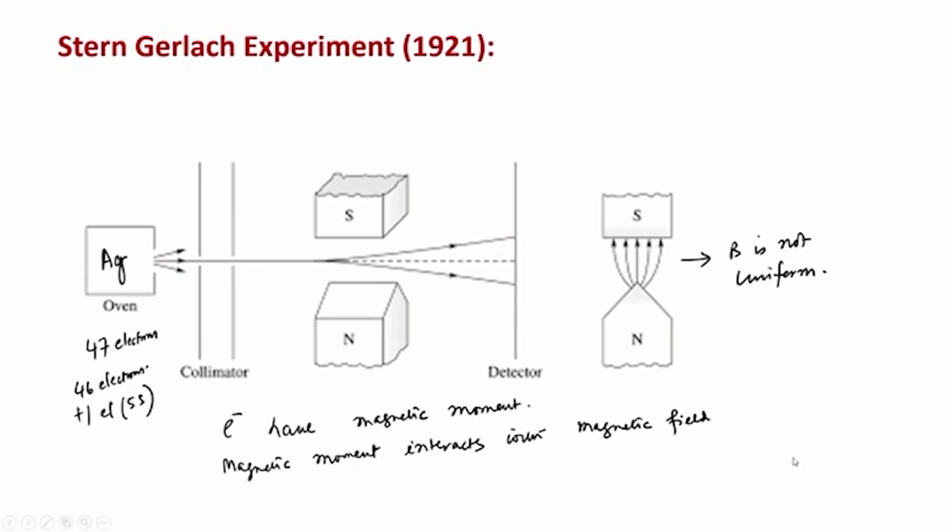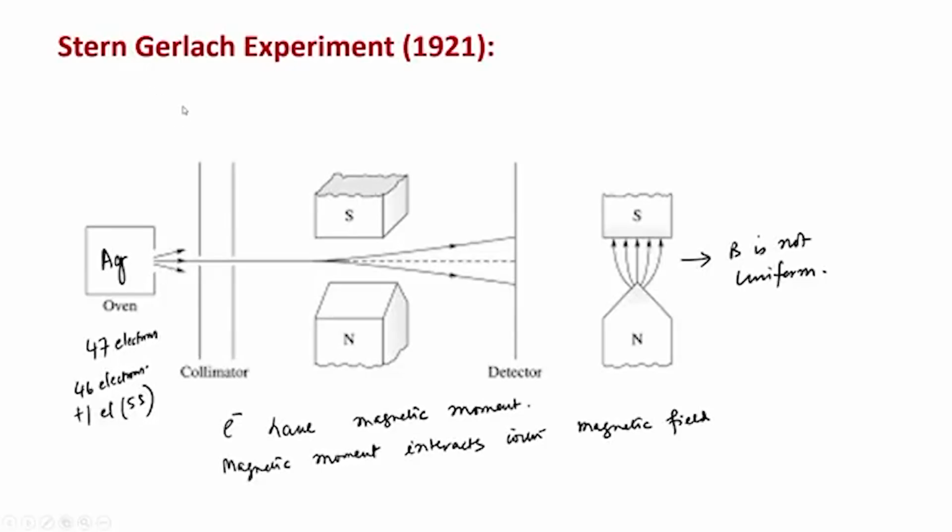So, there is a force that arises because of this interaction, and that force is given by, for simplicity you can think this to be the z direction, which means that B has only a variation in the z direction.